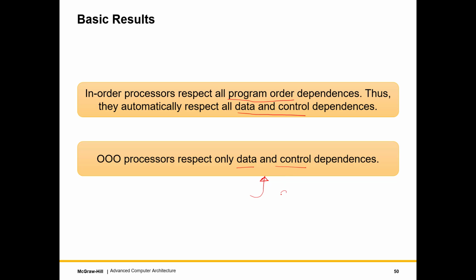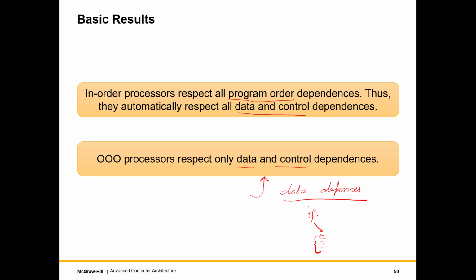Primarily, out of order processors respect data dependencies, which are producer consumer relationships. They appear to respect all dependencies, including control. So the way that they appear is that if you have an if statement, we predict the direction of the branch and then we fetch instructions after it. We can very well execute these instructions before we execute the if statement, if they are independent from a data perspective.